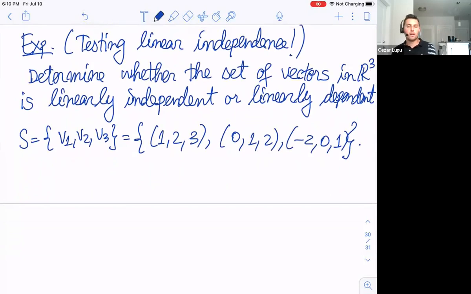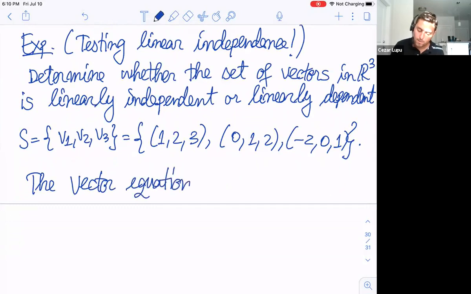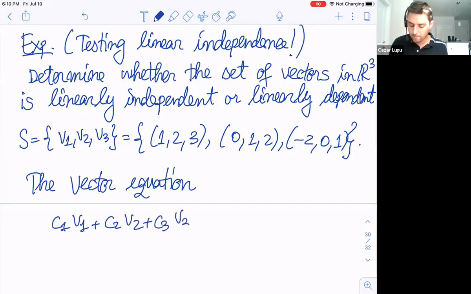To test linear independence, we need to form the vector equation. So let's take C1 V1 plus C2 V2 plus C3 V3 equals 0.